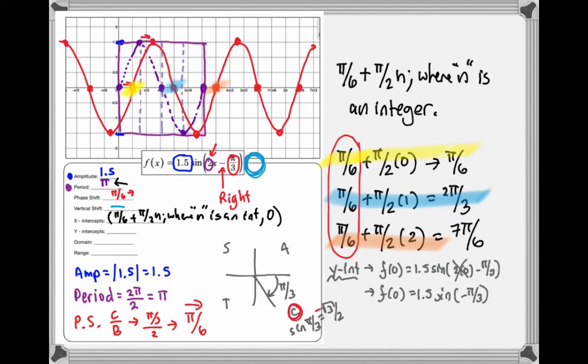And so we get f of 0 equals 1.5 times negative root 3 over 2, which is approximately negative 1.3.